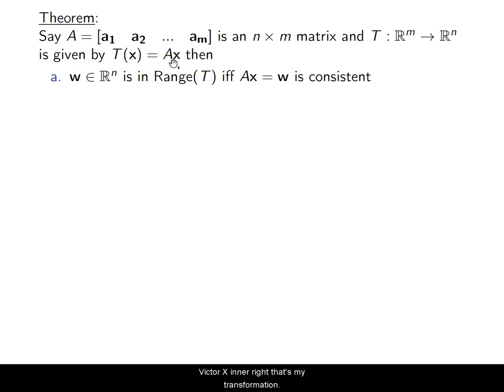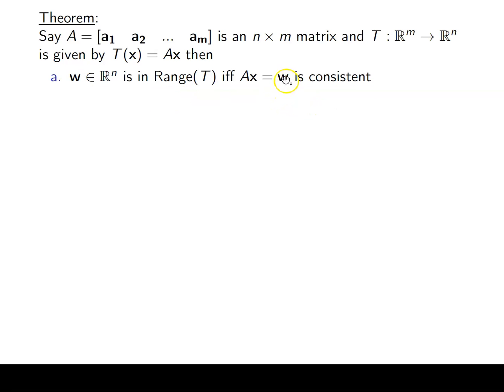So that's my transformation. Then a vector w in Rn, a vector in my range, is in the range of the transformation, because it has n elements. So w is in the range of T if and only if the system A times x equaling this vector is consistent. So what does that mean?